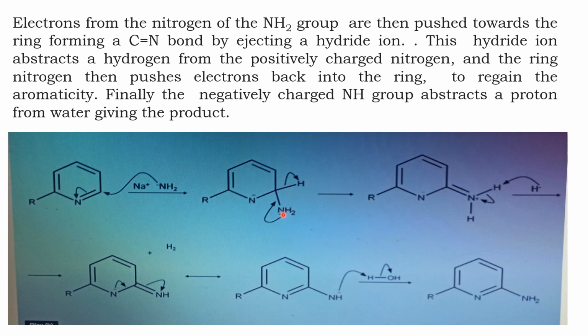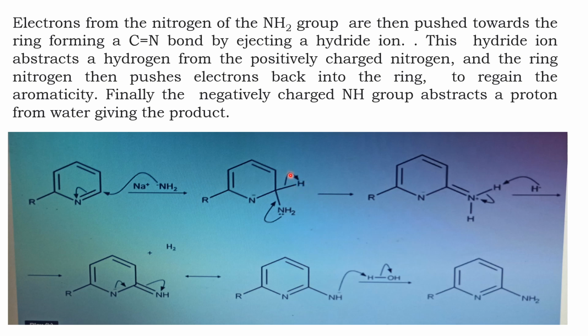See here, to the second position, the NH2 group has attacked and the nitrogen has a lone pair of electrons. This lone pair of electrons enters into the ring nitrogen bond or carbon nitrogen bond. So a carbon nitrogen double bond is forming and H minus will be eliminated. See here, H minus is eliminating.